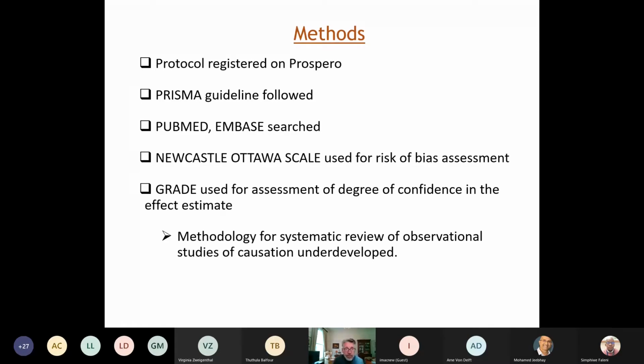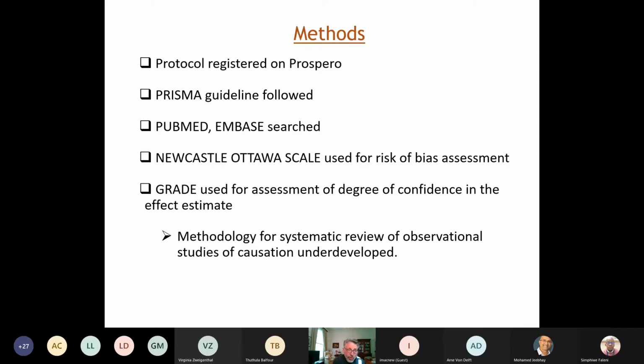We followed, under Nandi Siegfried's expert guidance, all the steps required for a systematic review, and there are many. The protocol was registered on the international register, PROSPERO. We followed the PRISMA guide. I'm not going to expand the acronyms because I can't remember them offhand. We used two databases, PubMed and Embase.